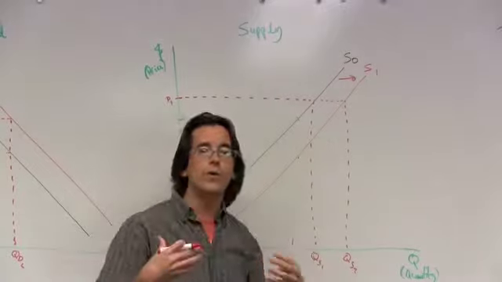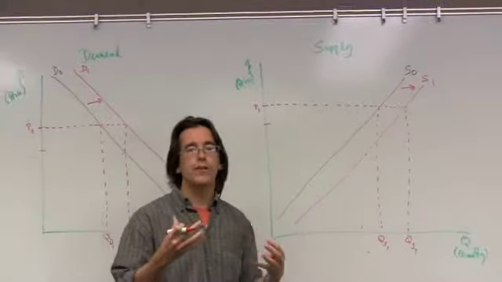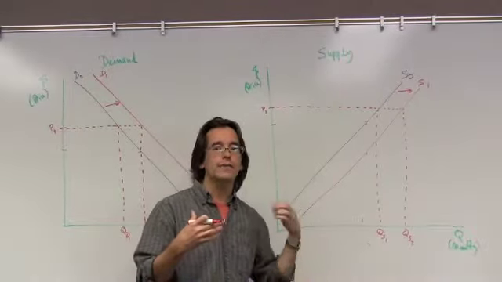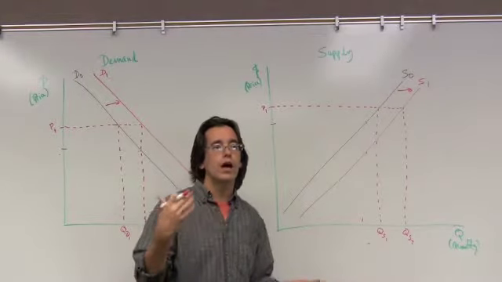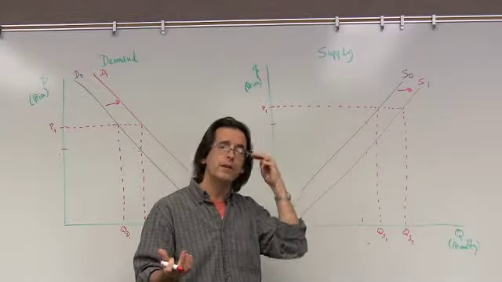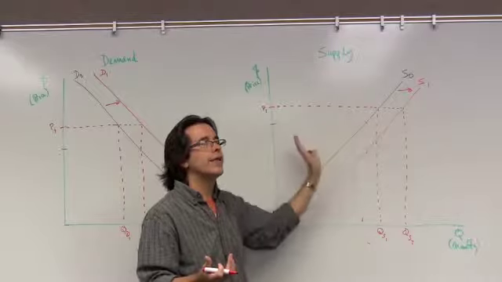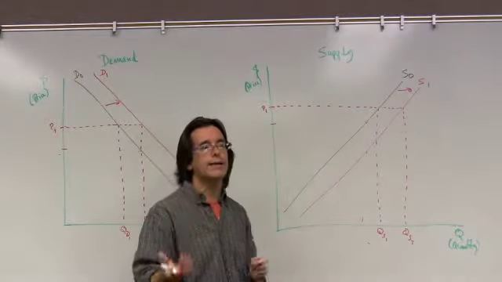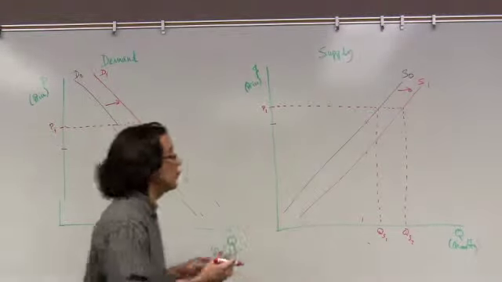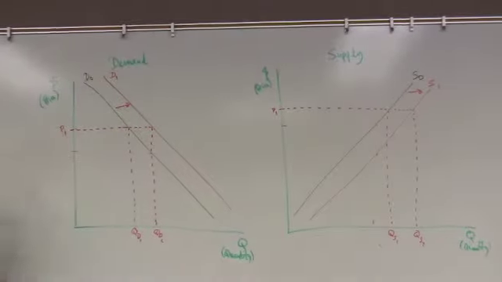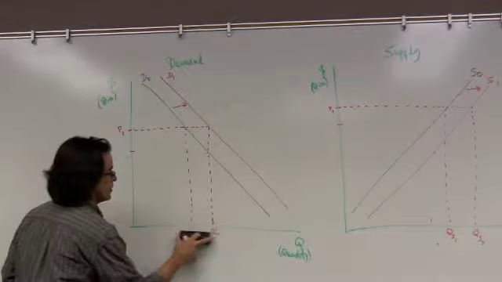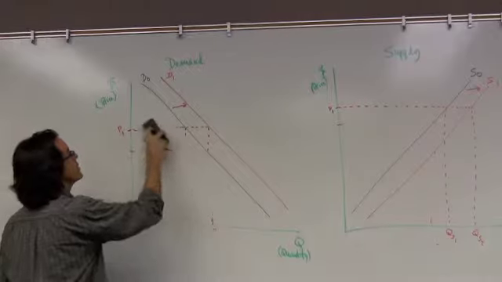Okay? So now what we want to do is bring them together and see what is the impact of a shift in the demand or supply on the other curve. So we go back to our original story. And again, I'll just erase this.